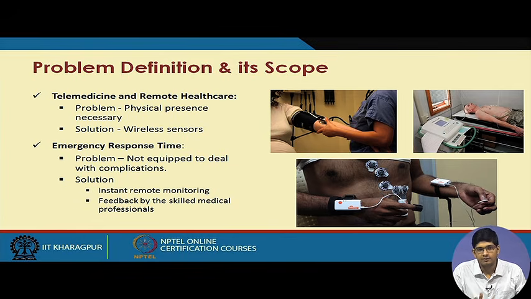Using the Ambusens project and its instant real time monitoring capabilities, we have the provision for remote feedback and monitoring by skilled personnel at some remote place, and this can significantly help in dealing with such problems that may arise during transit in an ambulance.